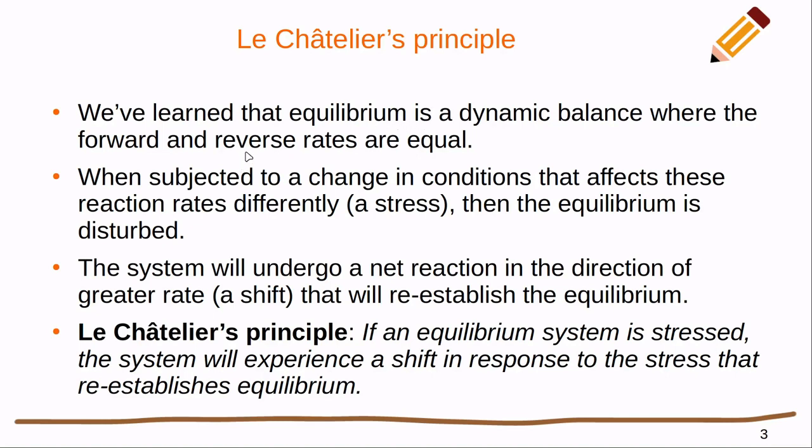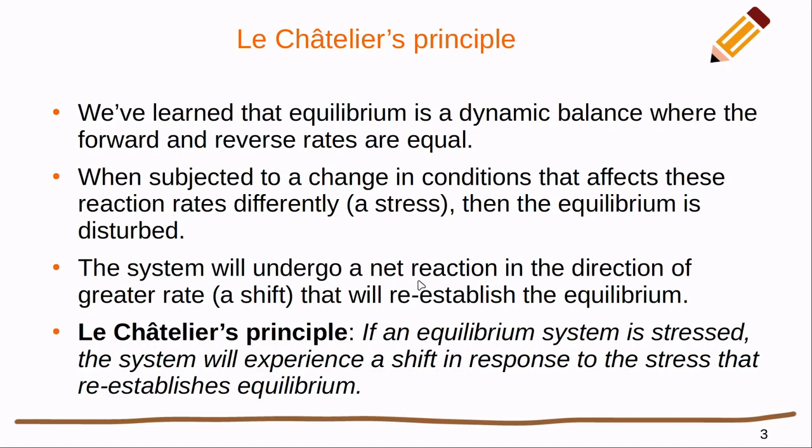So when subject to a change in conditions that affects these reaction rates differently, we're going to call that a stress. It's going to affect the forward and reverse rates in different ways so that they're no longer balanced. This results in a disturbance to the equilibrium.